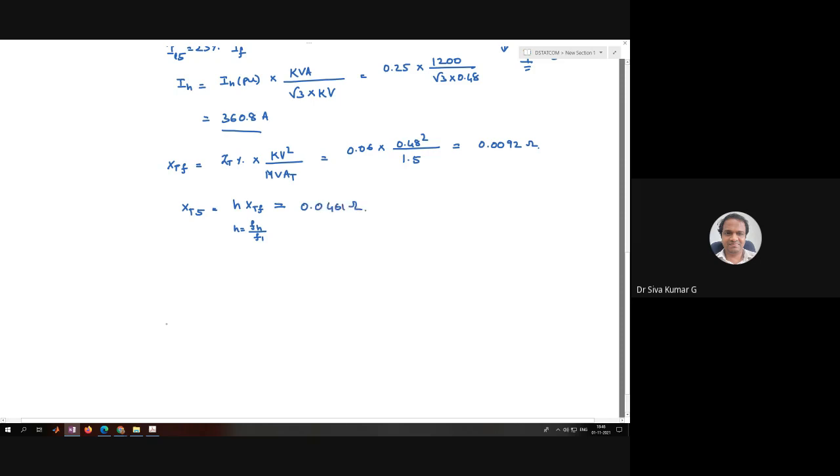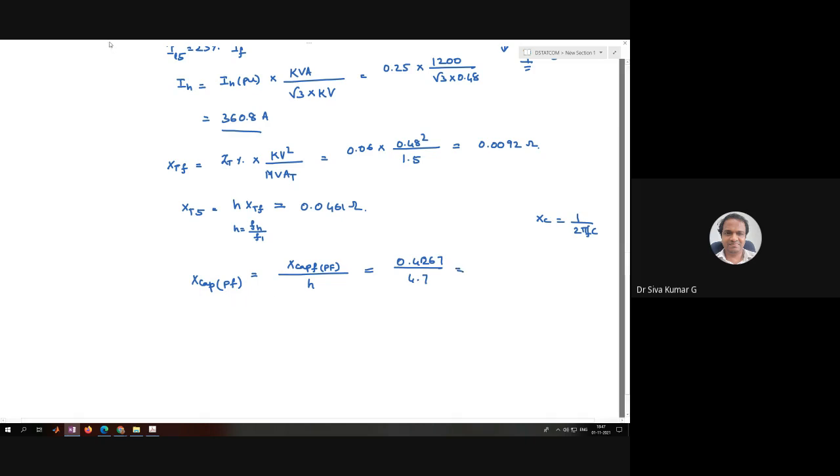Now the capacitive reactance of the passive filter at the harmonic is equal to X cap of the fundamental of the passive filter by H. We get H because Xc is 1 by 2 pi Fc into C, so the frequency component comes in as the harmonic number H. We know the capacitive reactance is 0.4267 by the value of 4.7.